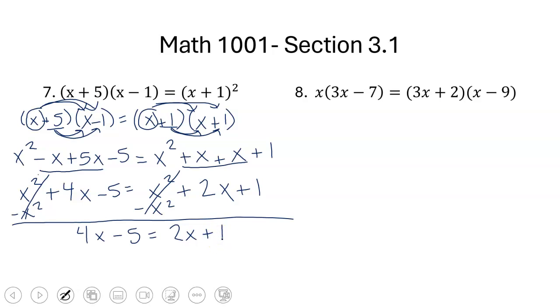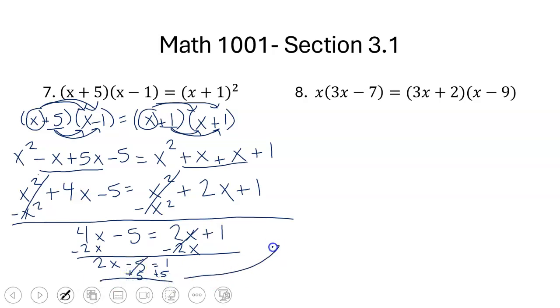Now let's bring over the x. I'm going to bring over this 2x. We're crossing the equals, so do opposite. So I'm going to subtract 2x on both sides. So 4 minus 2 is 2x. And then we can't move that +1 because it's holding down the right side. So move that +5. So I'm going to add 5 to both sides.